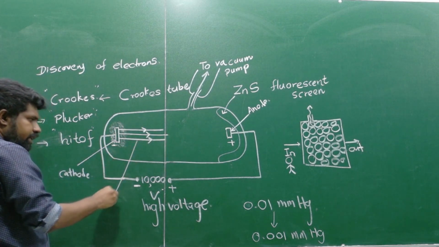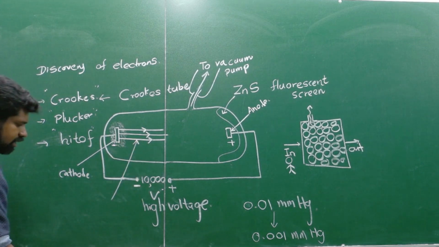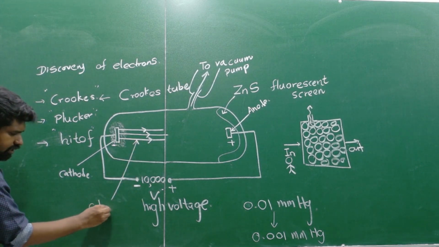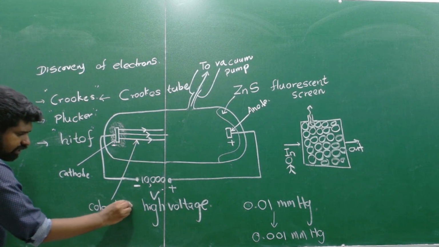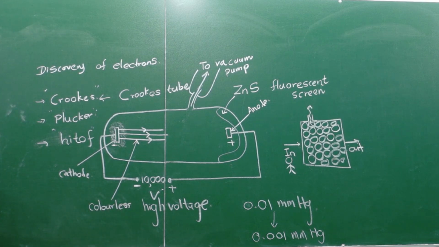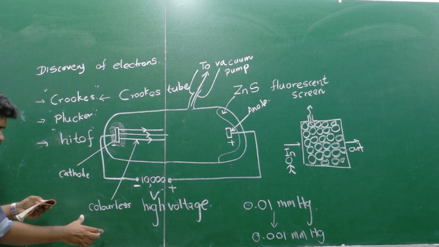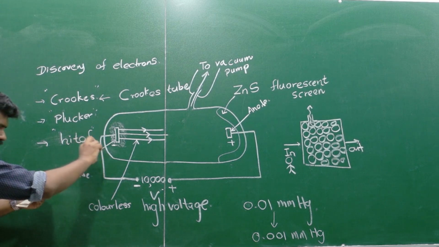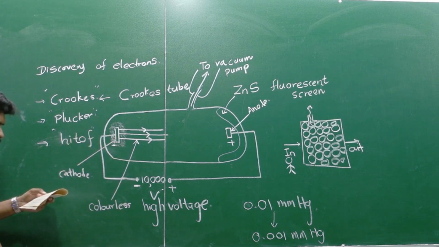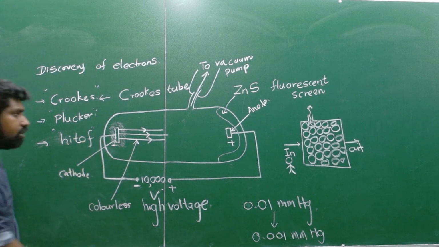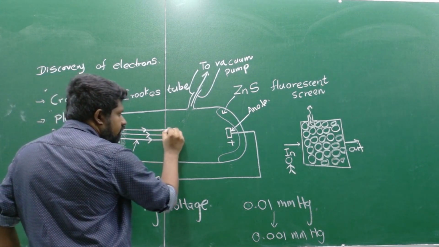These rays are colorless, there was no color. It's like a glow around the cathode, then the radiation moves towards the anode.